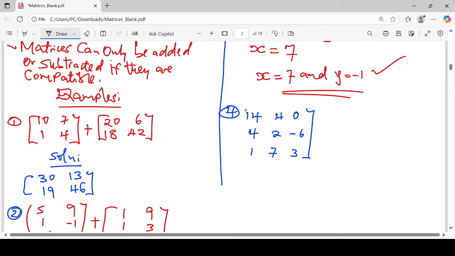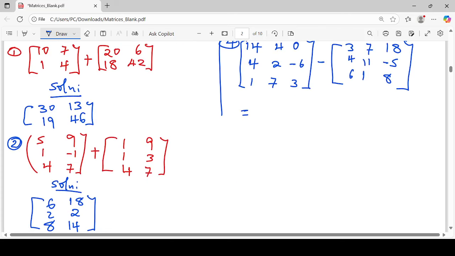Then you are subtracting the matrix 3, 4, 6, 7, 11, 1, 18, -5, 8. When you are subtracting them, what are we supposed to do?